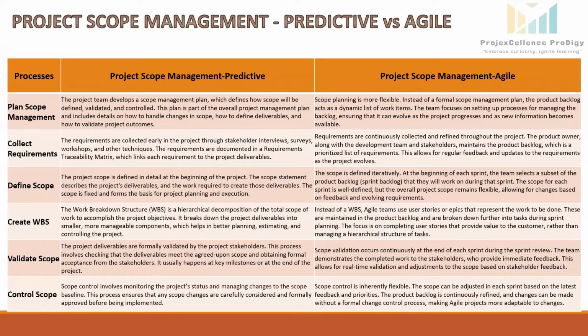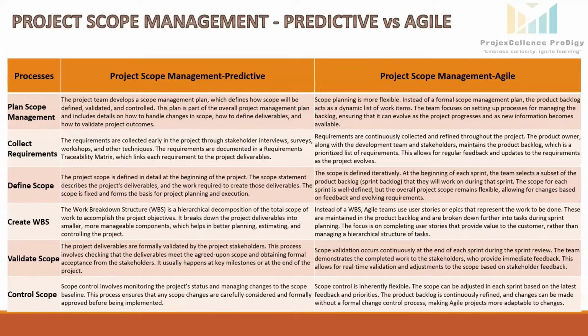We call them sprints. So at the start of each sprint, the team chooses items from the product backlog to work on. While each sprint's scope is very clear, the overall project scope still remains flexible and can change based on the feedback.